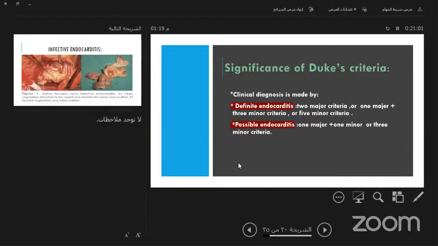Significance of Duke criteria: definite endocarditis with 2 major criteria, or 1 major plus 3 minor criteria, or 5 minor criteria. Possible endocarditis if 1 major plus 1 minor or 3 minor criteria.